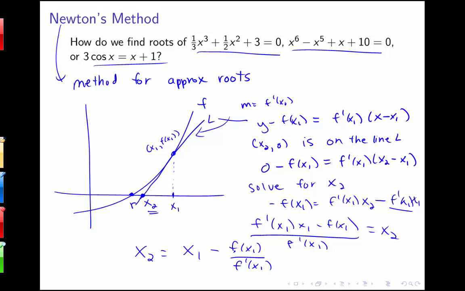Okay, and I could then do this process again. Now I have this new closer approximation to r, that is x2. So x1 is a first approximation of my root r, and x2 is my second approximation. But then I can talk about finding the equation of the tangent line to the graph at x2, and then solving for some x3.